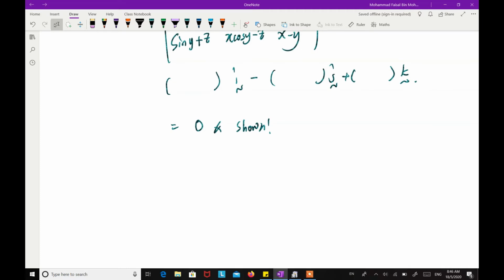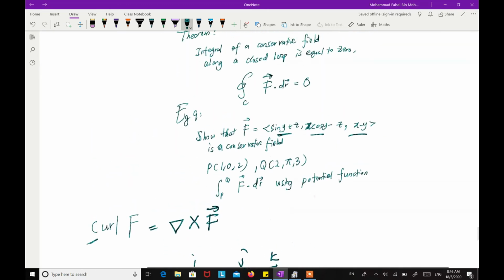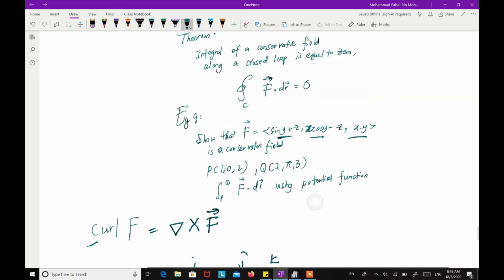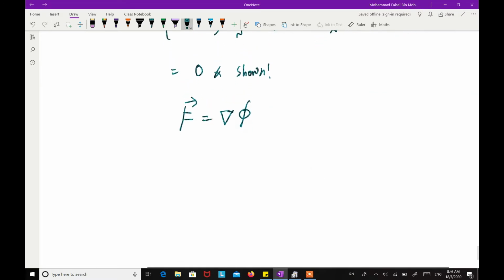So this shows that F is conservative and there exists a function phi such that F equals del phi.